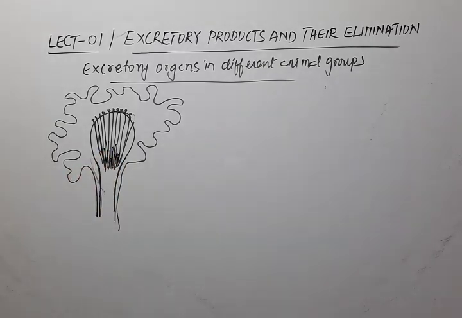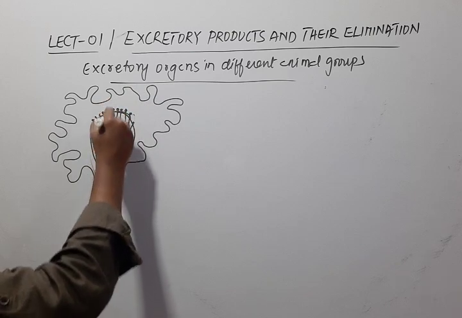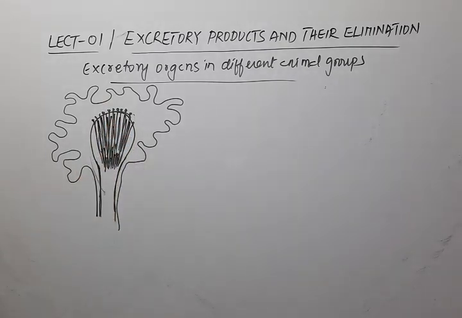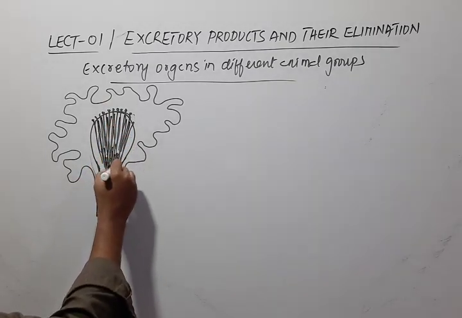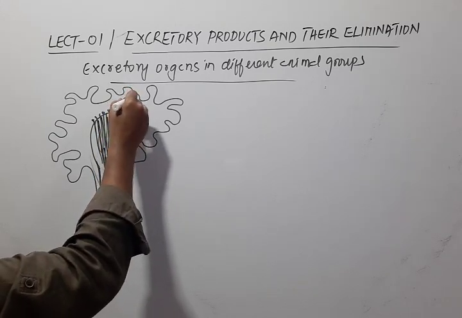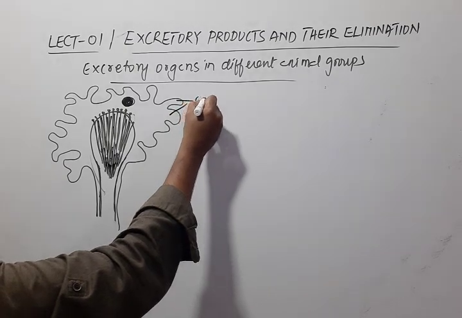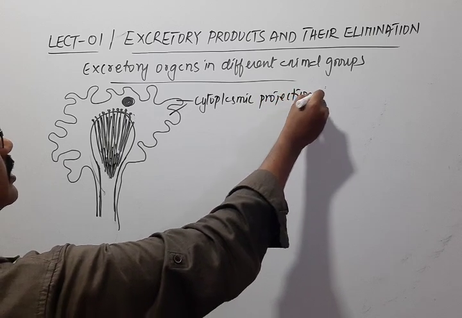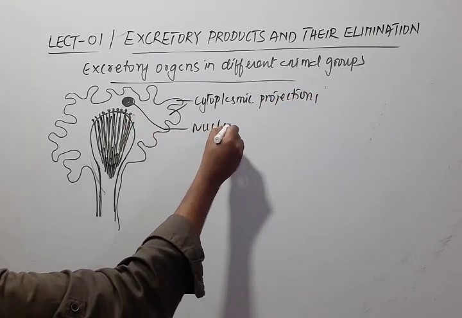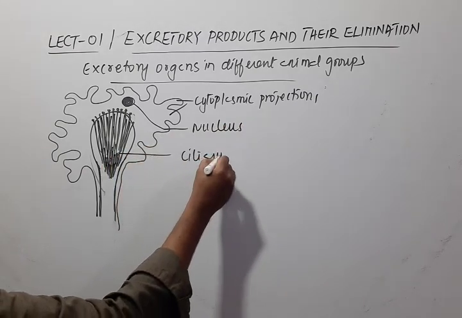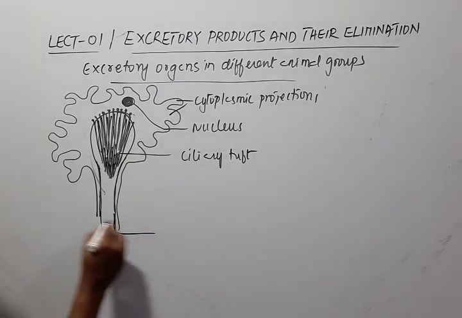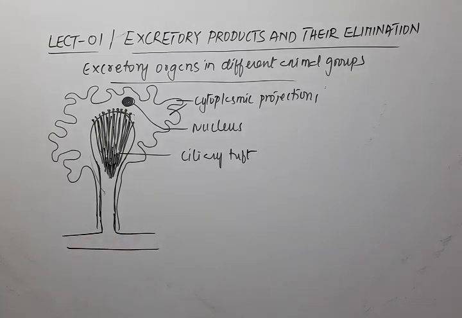The movement of this cilia gives an appearance of a flame. So that is the reason why it has the name flame cell. Here is the nucleus. These are all cytoplasmic projections. This is a nucleus and this is a ciliary tuft. And this one finally opens into another duct.